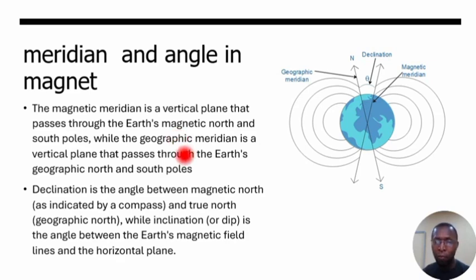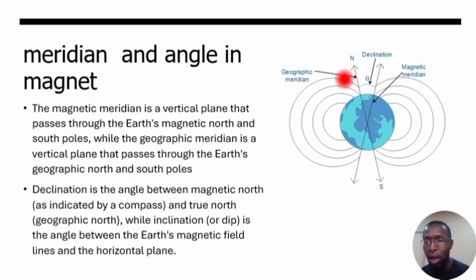We have the geographic meridian, the plane that passes through the geographical north and the geographical south of the earth. The other type, the magnetic meridian, is the vertical plane that passes through the magnetic north to the magnetic south.